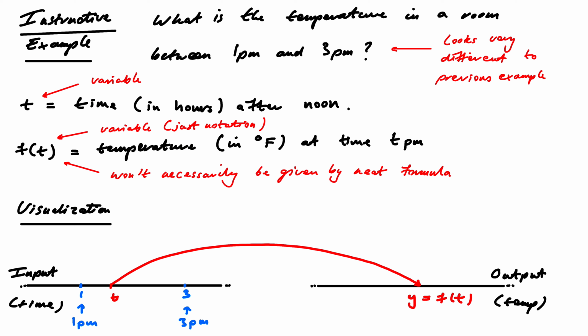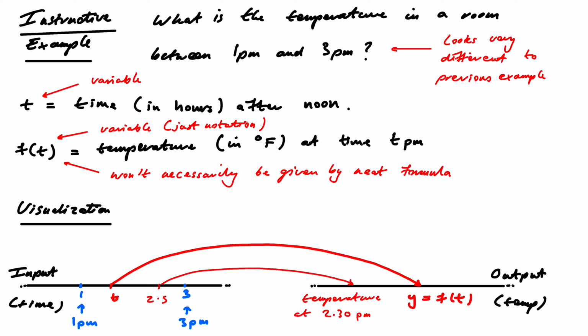To be really specific about it, if I was to take something like this position here, 2.5. Well, 2.5 corresponds to what? It would correspond to the temperature at what time? Well, at 2:30 p.m. So that's really similar, isn't it?